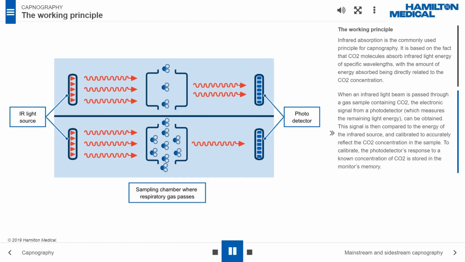When an infrared light beam is passed through a gas sample containing CO2, the electronic signal from a photodetector, which measures the remaining light energy, can be obtained. This signal is then compared to the energy of the infrared source, and calibrated to accurately reflect the CO2 concentration in the sample. To calibrate, the photodetector's response to a known concentration of CO2 is stored in the monitor's memory.